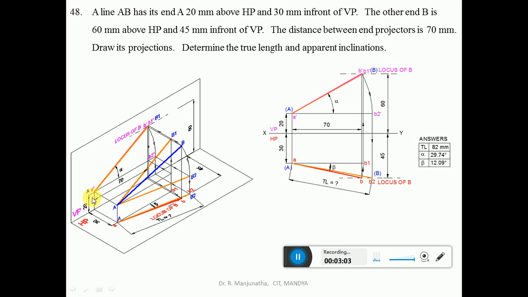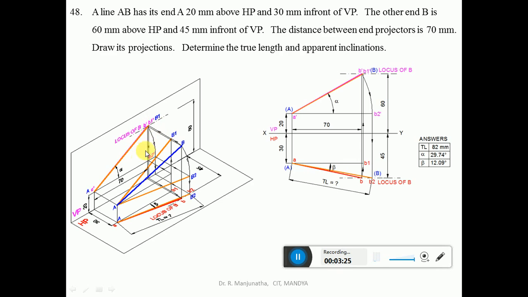So from here you draw a 70 mm line, and then project this in the vertical plane, so that the line cuts the locus of B in the front view at this point, which will be B dash.